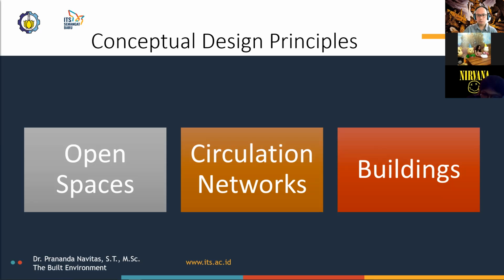The second component is the circulation networks within the landscape. Sometimes we might not think much of it, but when you are presented with an open space and tasked to design, for example, the circulation network throughout the site, it does require an understanding of the site's context.